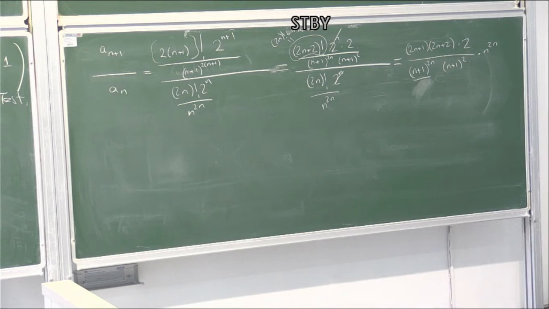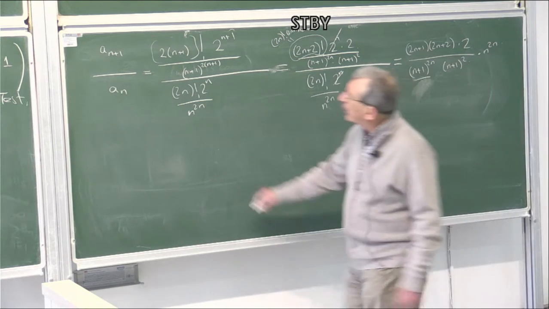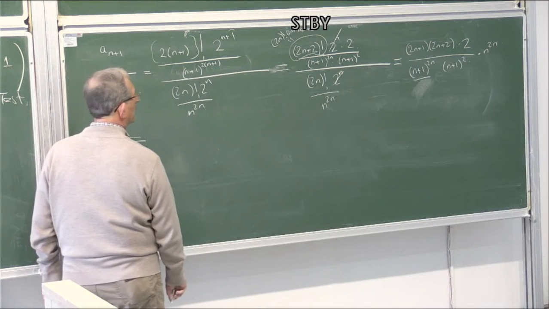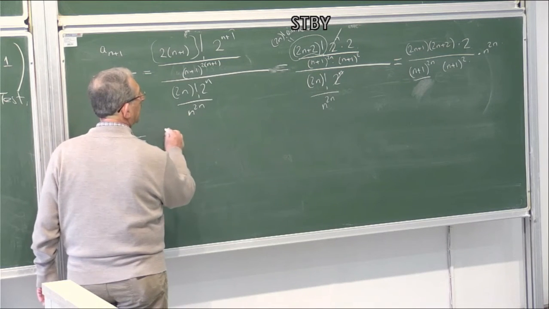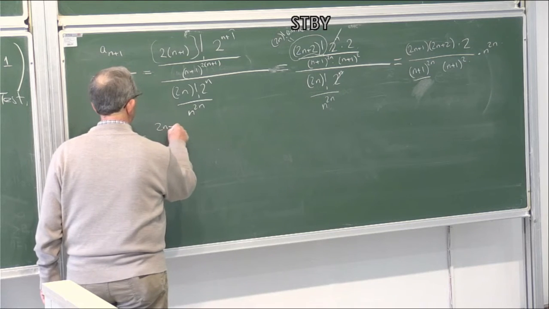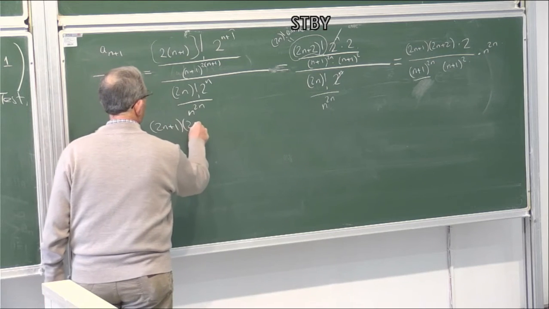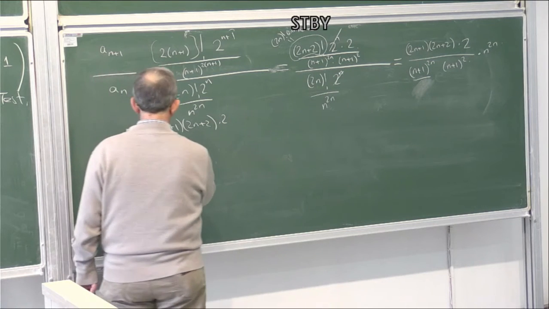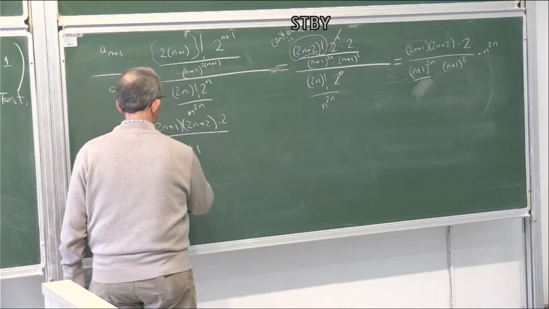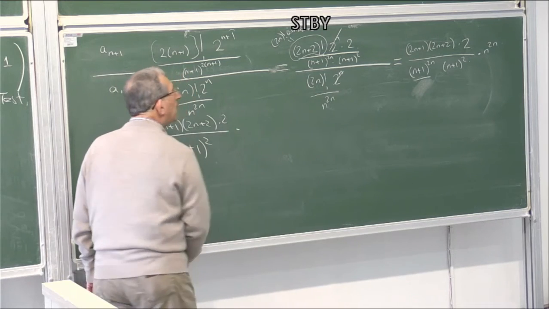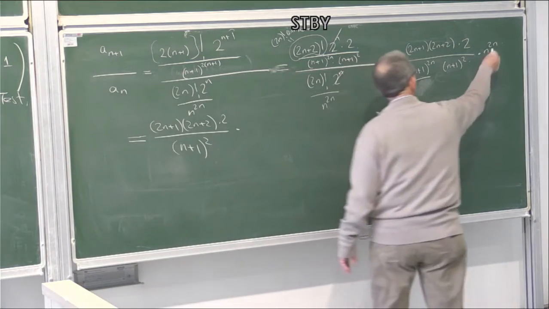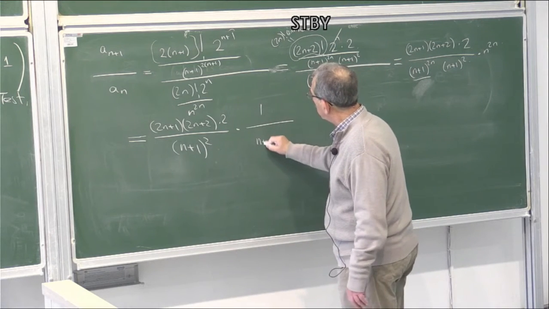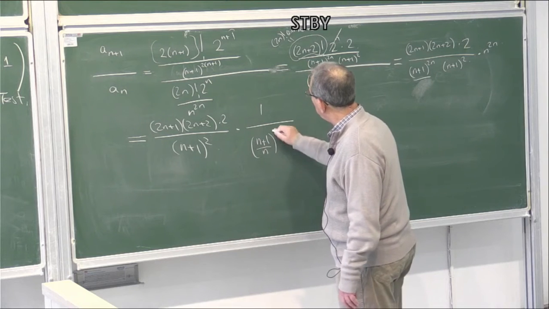Now, when we look at these terms, we can still put them into a nicer form. Let me rewrite it in that form. This is (2n+1)(2n+2) times 2, divided by (n+1)^2 times, I will put this term below the first one, 1 over (n+1) over n to the power 2n.